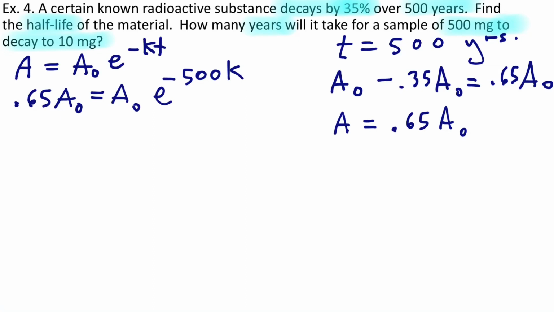All right, so I'm going to cross out my A0 here. So I've got 0.65 is equal to e to the minus 500 times k. All right, I need that k, so I'm going to have to take the natural log of both sides.